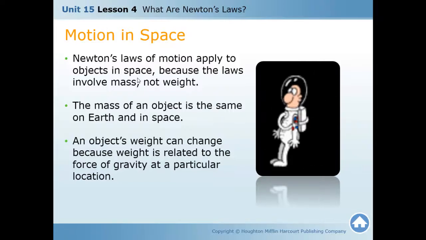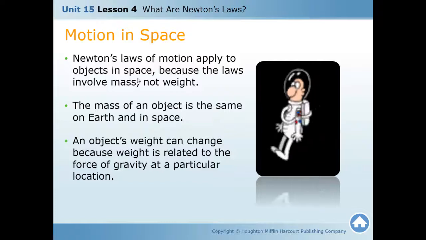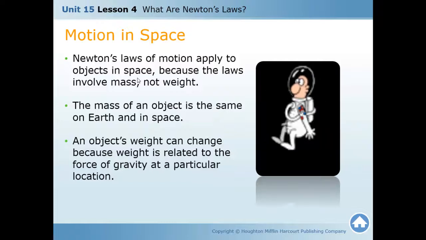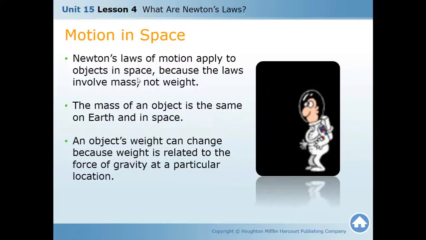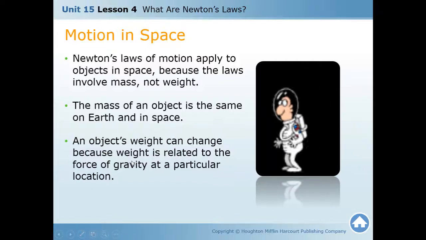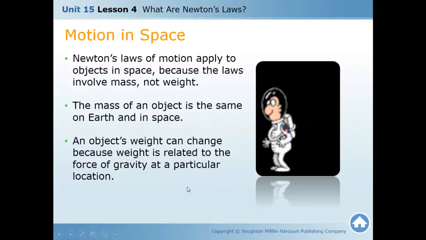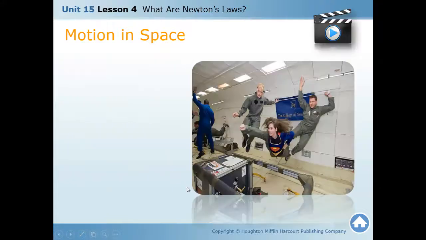Your weight, because your weight is related to the gravitational force, and the gravity on Earth is different from the gravity on the Moon, and different from the gravity on other planets like Mars or Neptune. So an object's weight can change because weight is related to the force of gravity at a particular location.